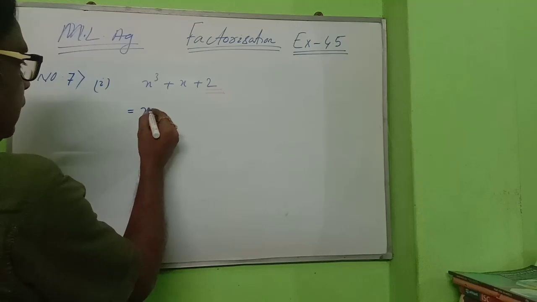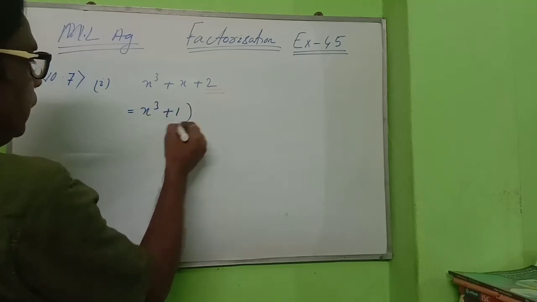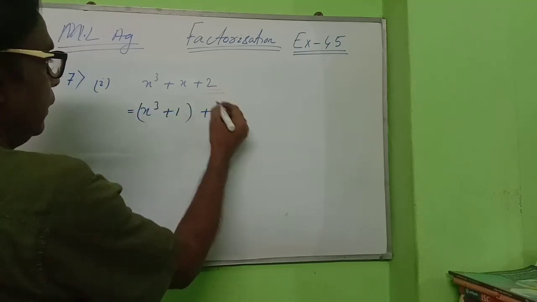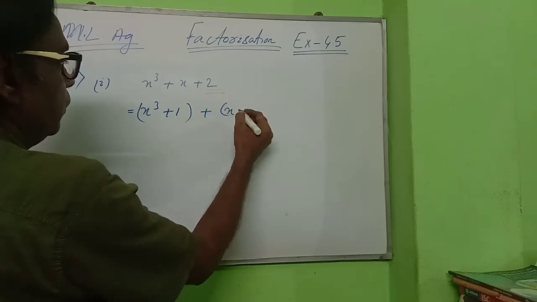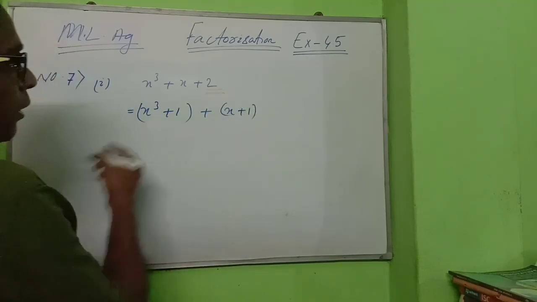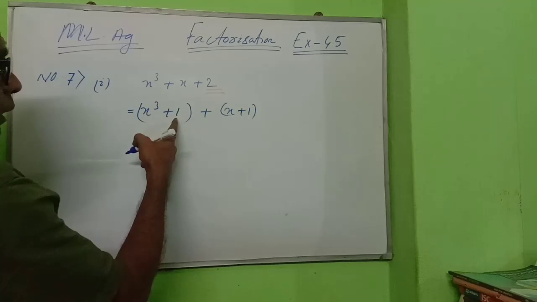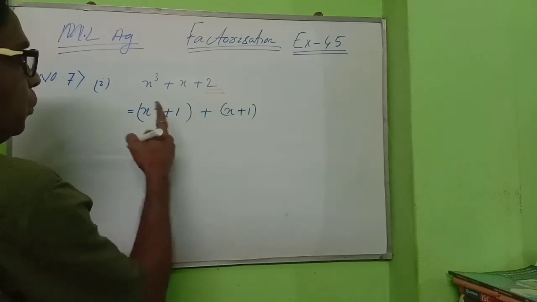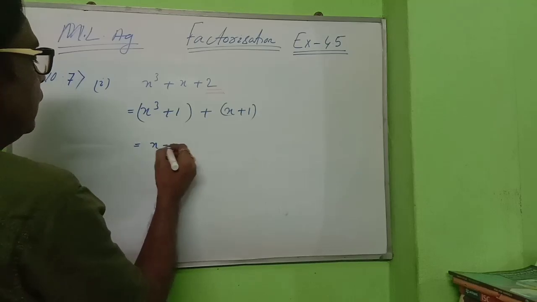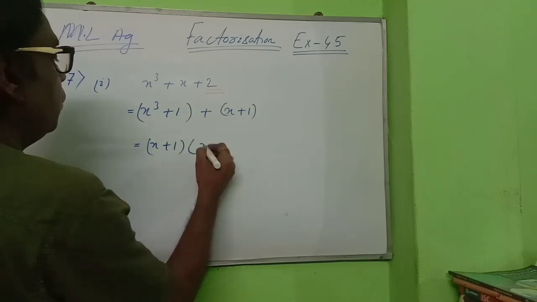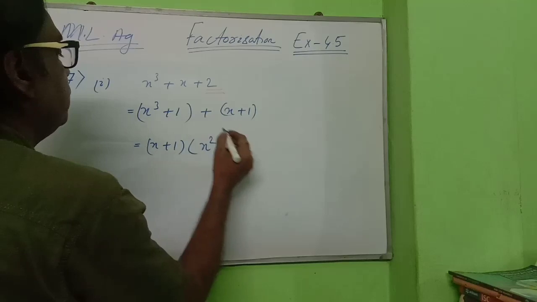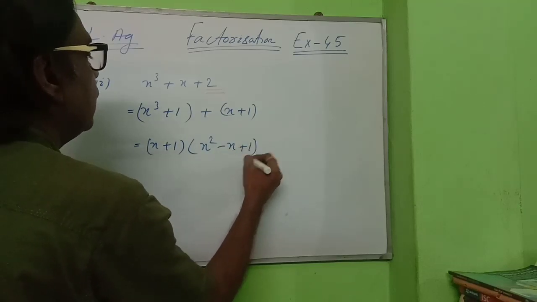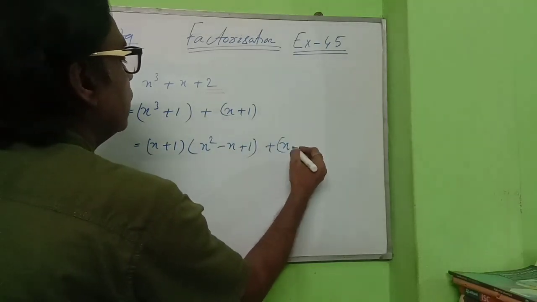Right here, x cube plus 1, you make it one group. And here you break like x plus 1, the 2 is there, I am writing 1 and 1. Because here I can apply x cube plus 1 cube, that is a plus b whole into a square minus ab plus b square, and last it is given x plus 1.